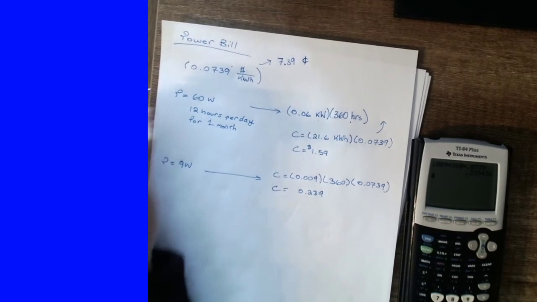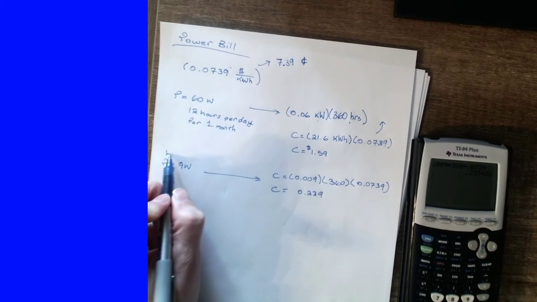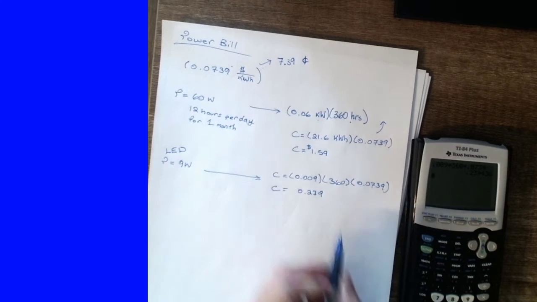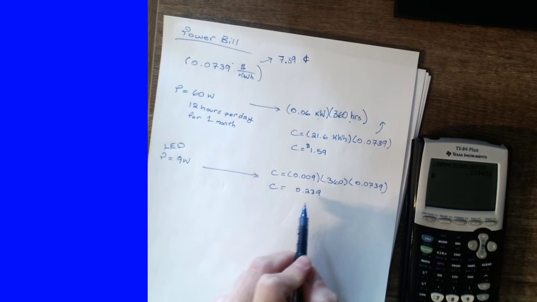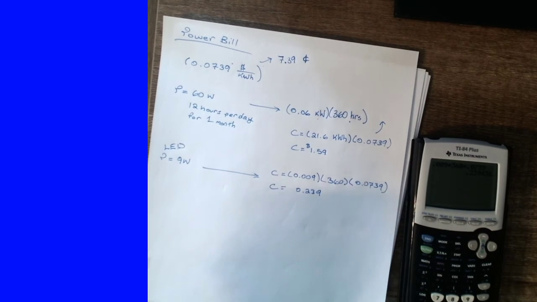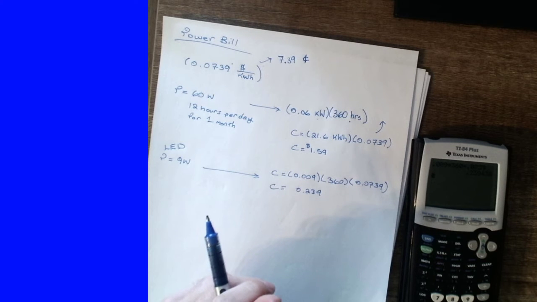So this is your kind of standard light bulb, this is the LED, and so it costs quite a bit less to run that light bulb continuously.